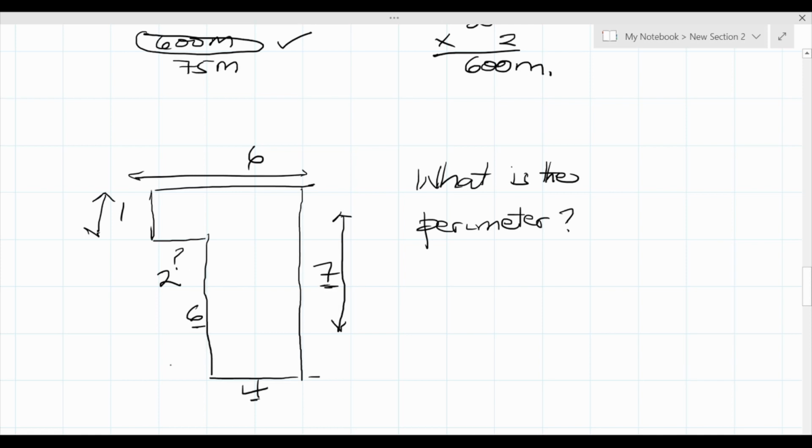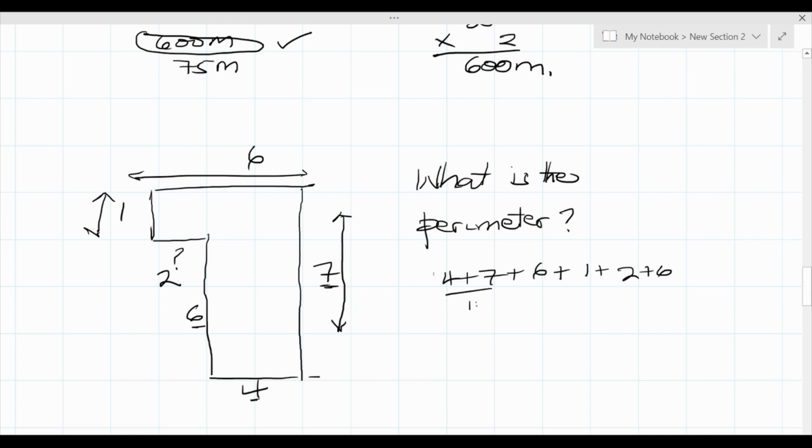So now that we have found all of these, we could say we have 4 plus 7 plus 6 plus 1 plus 2 plus 6. All right, so 4, 7, 6, 1, 2, and 6.